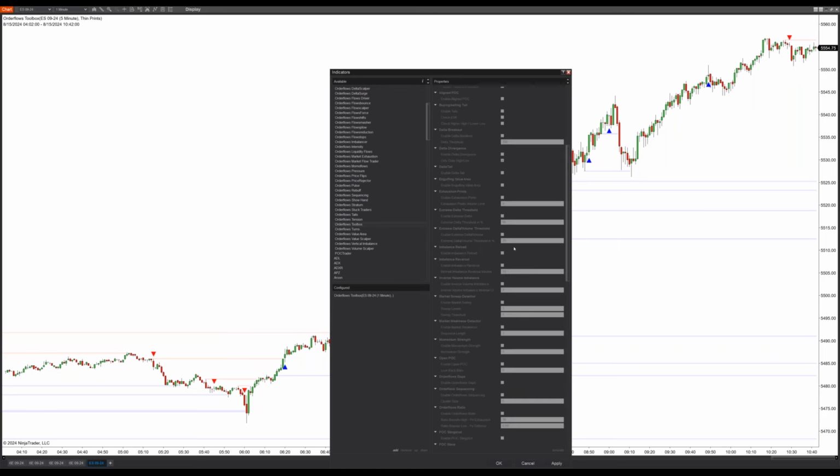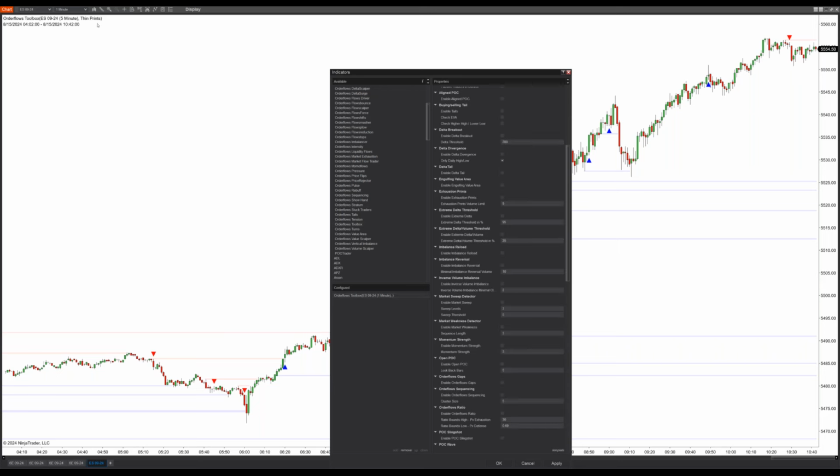You could dig through all the ones and make sure you disable everything, but it's nice that everything's written up there in the top corner so you can see what you have. So this is E-minis, 1 minute.